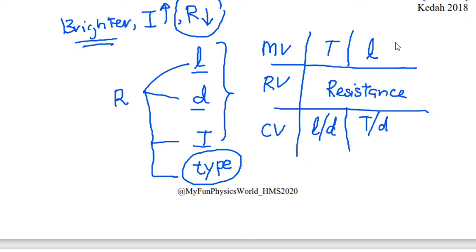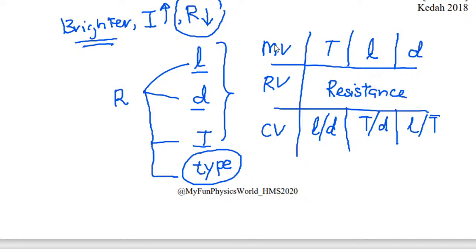If the manipulated variable is diameter, the responding is still the same, and the constant variables will be length and temperature. Is it clear?